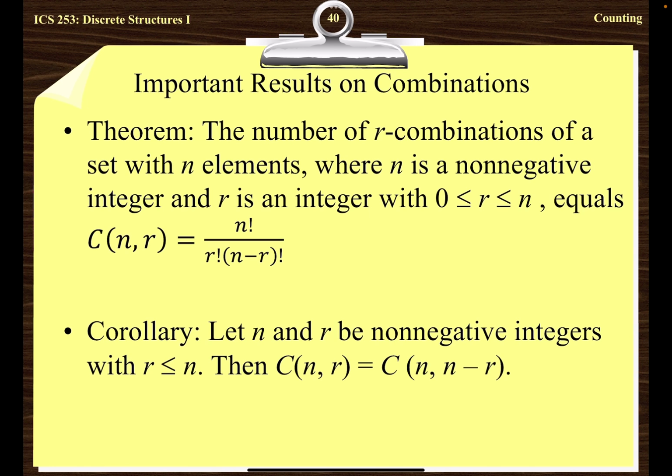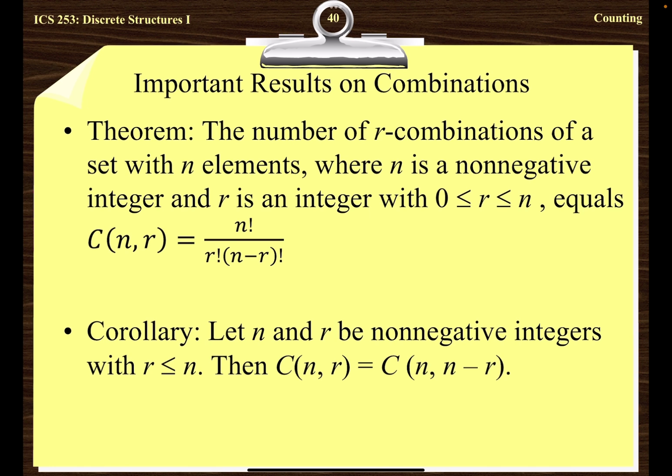Okay? So now if we would like to think of a combinatorial proof for this theorem, let's do what we did in the previous question when we looked at C(4,2). So I have C(n,r), which is going to be equal to P(n,r), right?